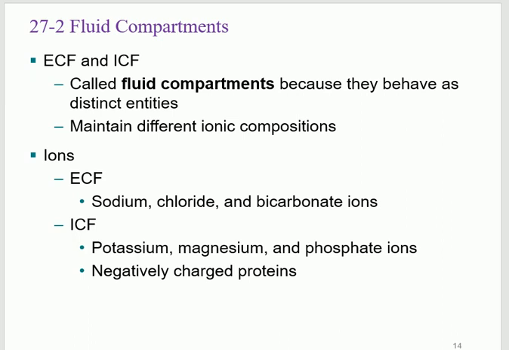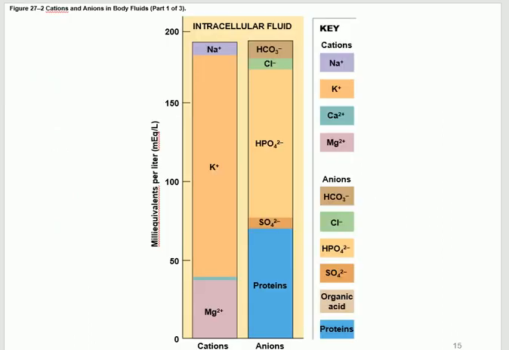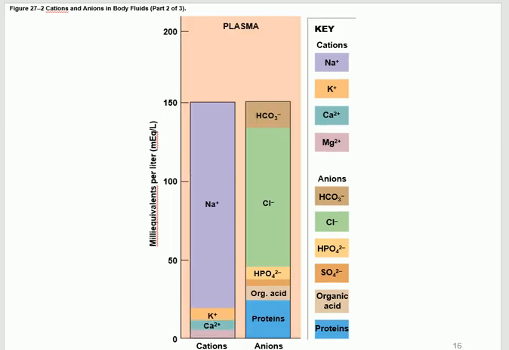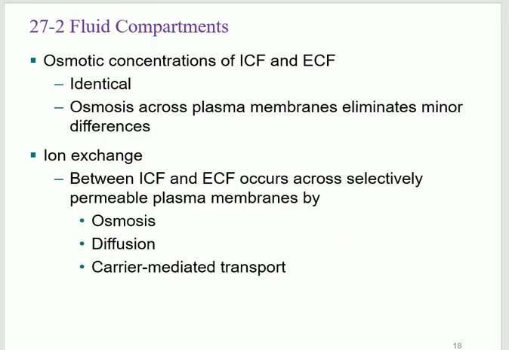Anion, chloride, bicarb outside, magnesium and phosphate inside. But even if you forgot one, the most important is sodium and potassium. So here are the main things, but what I told you is the most important.